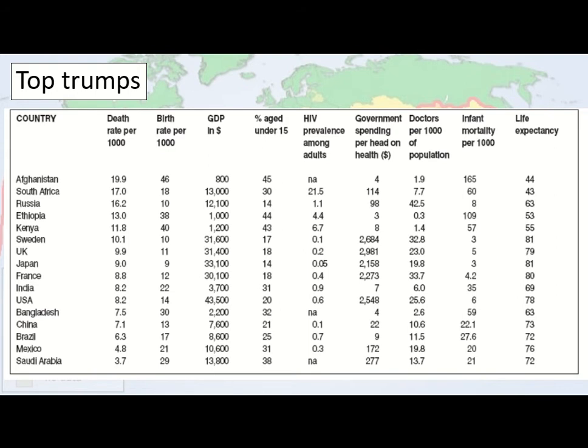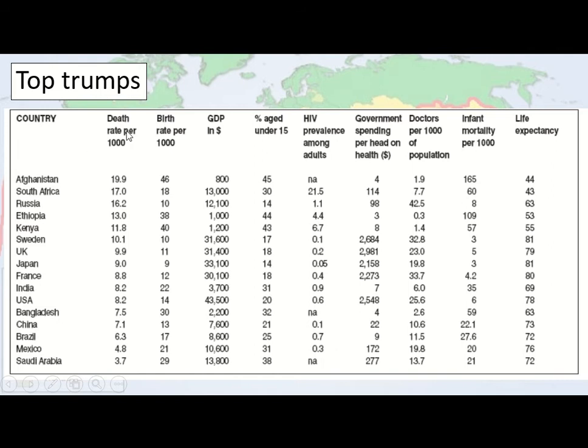And those stats can be things like death rate, number of people that die per 1,000, or life expectancy, average age you can expect to live, or number of doctors per 1,000, or how much money the government spends on healthcare per person. Okay, now they would all be stats that you could compare country by country.